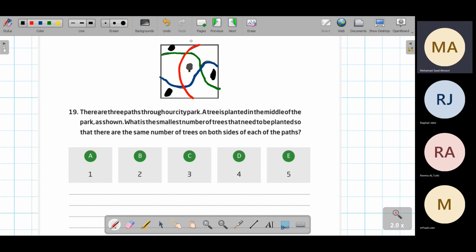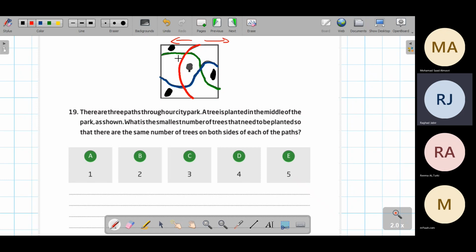For the red one, this is to the left and to the right. How many trees to the left and how many to the right? 2 to the left and 2 to the right.